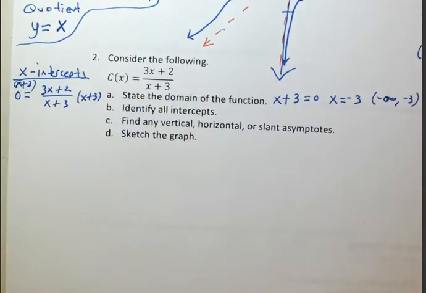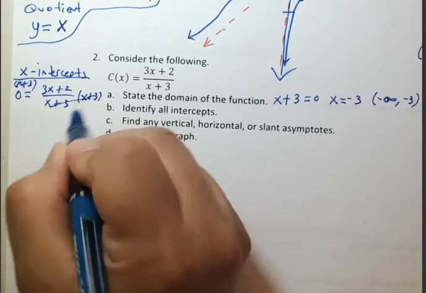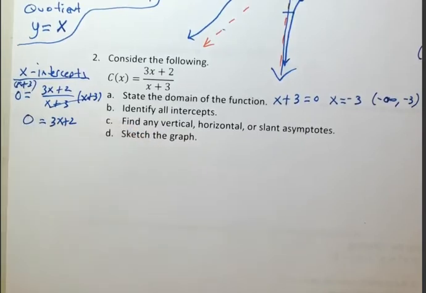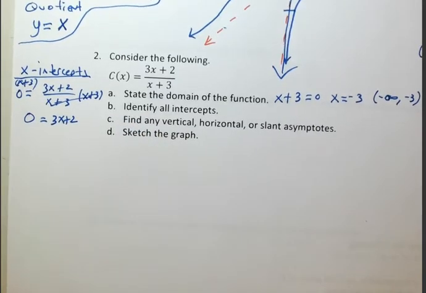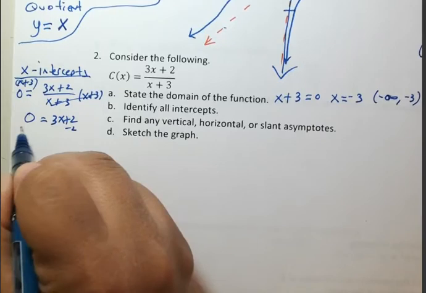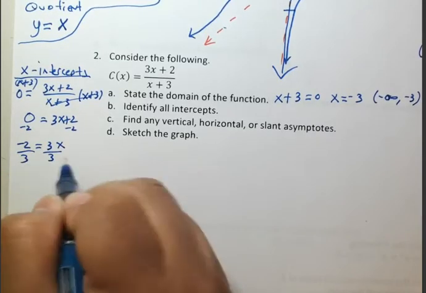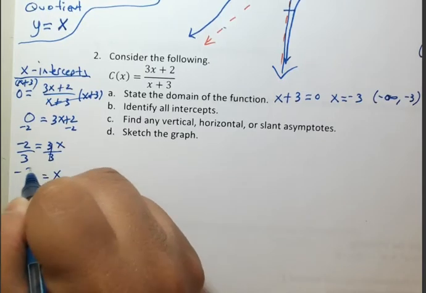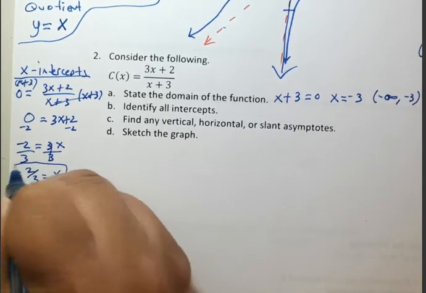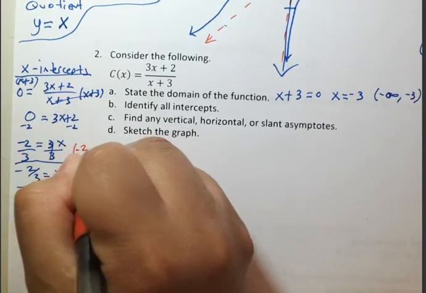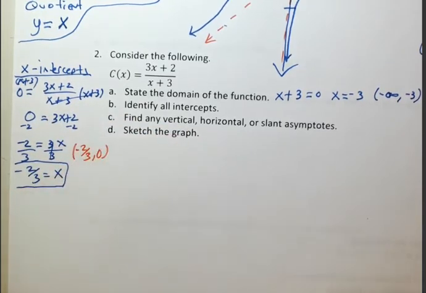So x plus 3 and x plus 3 will cancel, giving me 3x plus 2, and 0 times x plus 3 is 0. Subtract the 2, divide by 3. So x is equal to -2/3. Okay, so the point here that we're going to graph is -2/3 and 0.